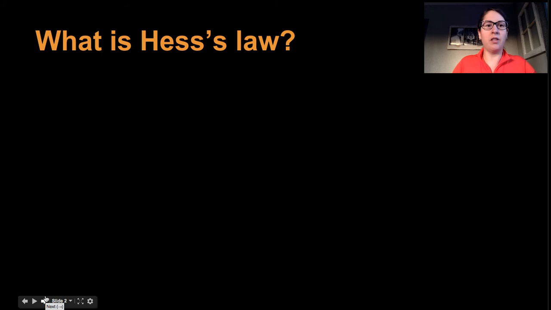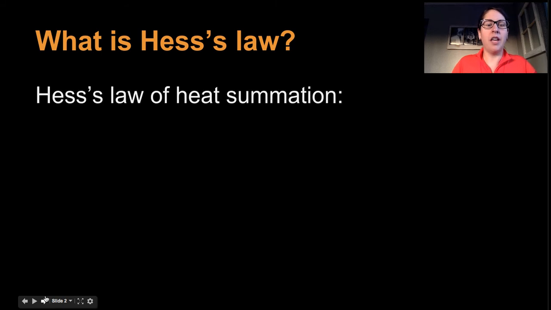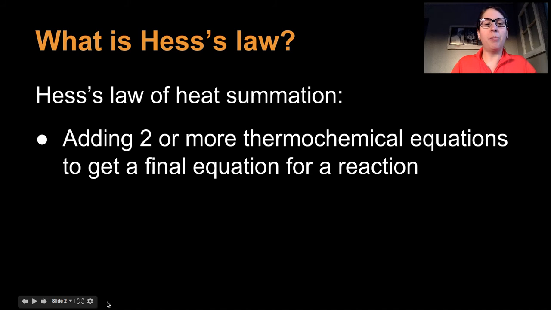So the first thing is just, what is Hess's Law? We have this thing that's called Hess's Law, or Hess's Law of heat summation. And really what we are looking for is the ability to take two or more thermochemical equations, and if you remember, those are balanced chemical equations that have some sort of an enthalpy value attached to them, and we can add those to get a final equation for a reaction.